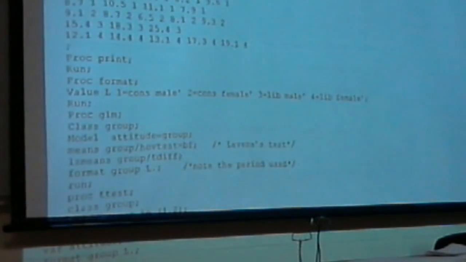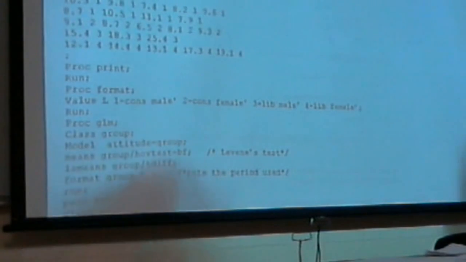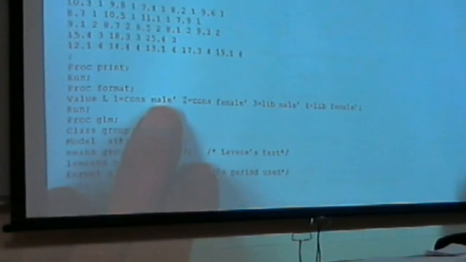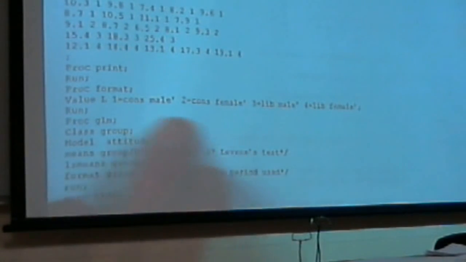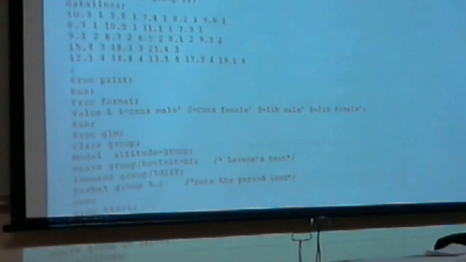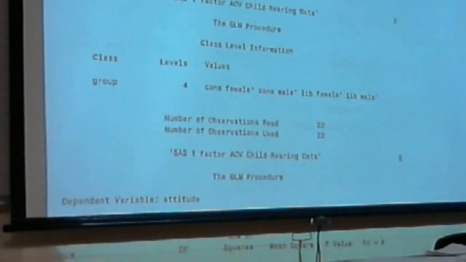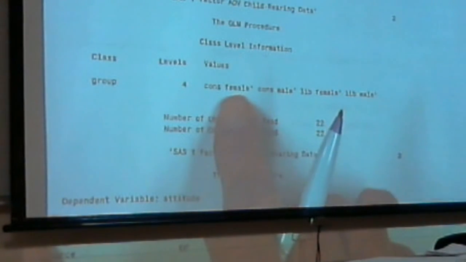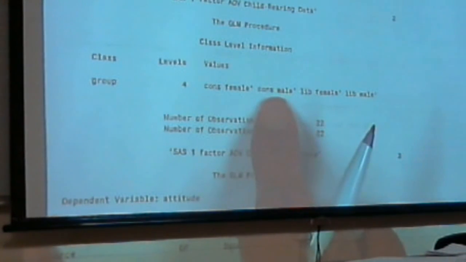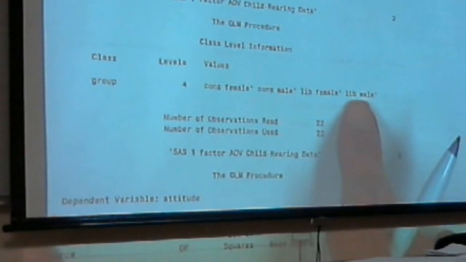The second thing I noticed about this list here is if you look at the original data, the first one was conservative male, then conservative female. Okay, that's the order in which I set up 1, 2, 3, 4. When I come over here, the first one that appears is conservative female, then conservative male, then liberal female, then liberal male.